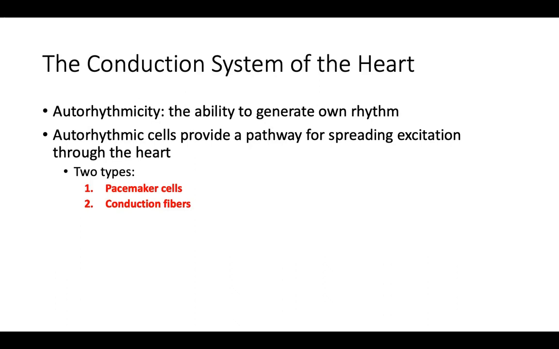These are actually contraction cells. So the contractile cells are responsible for contracting. That is allowing for the force generation of the cells of the ventricles and the atria that actually contract. But in terms of the electrical impulse, that is propagated by the autorhythmic cells, which are the pacemaker cells and conduction cells.